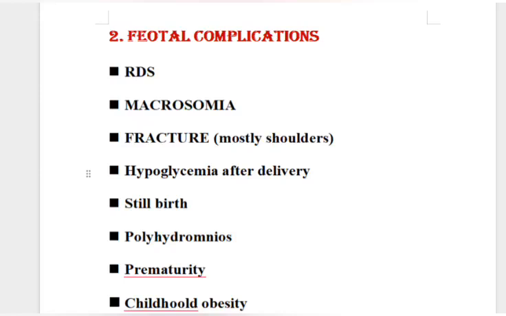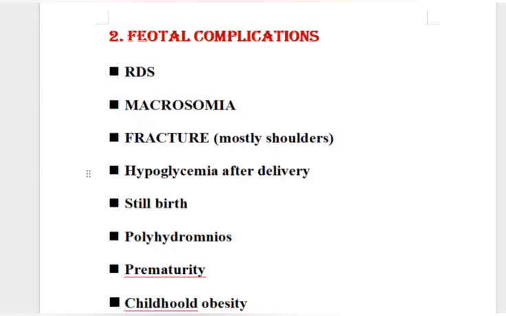Then macrosomia, this is very likely because this baby is getting a lot of glucose. They might have a big baby. Then fracture of the shoulder: as you try to force the spontaneous delivery, you fracture the shoulder. Then hypoglycemia after delivery. Remember, we no longer have the mother providing this baby with glucose.